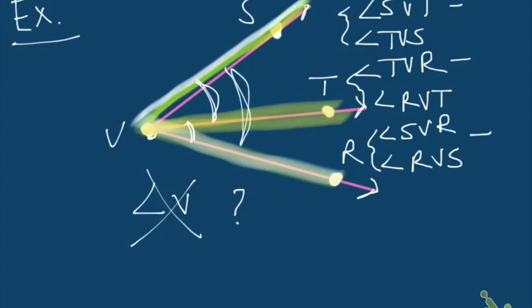Or is this angle V? They all have the same vertex, so you can't just distinguish one as angle V. You have to actually call them by their three-letter name. So that's a brief introduction to identifying angles and naming those angles as well.